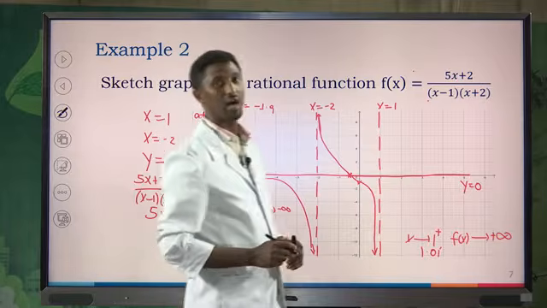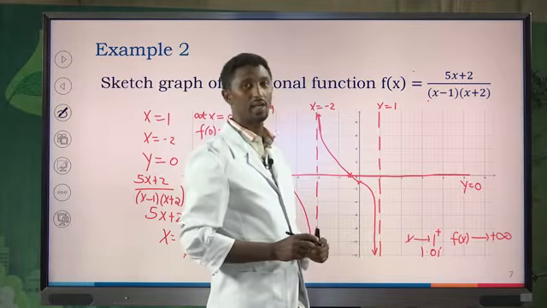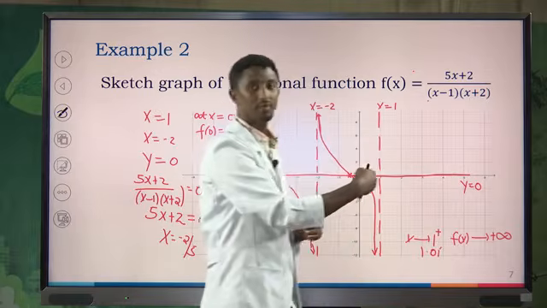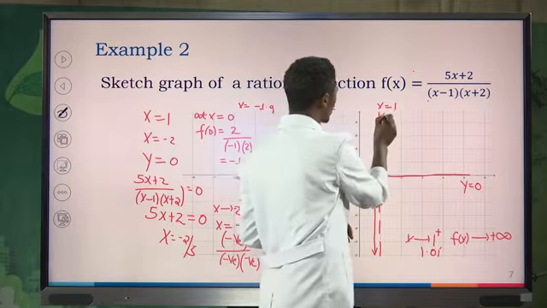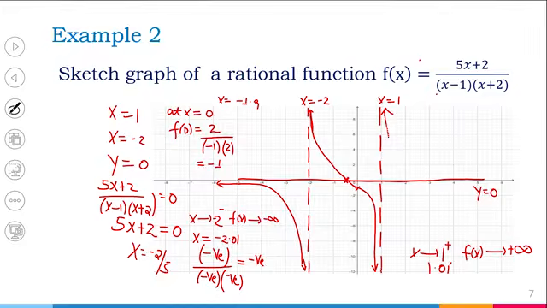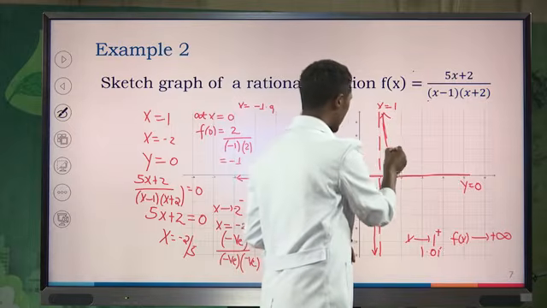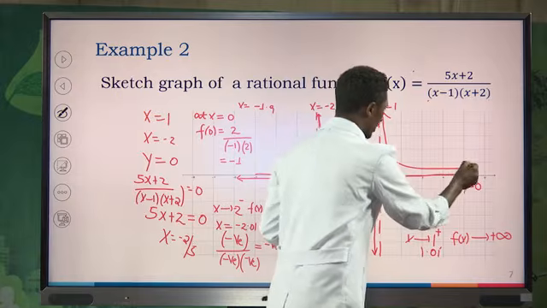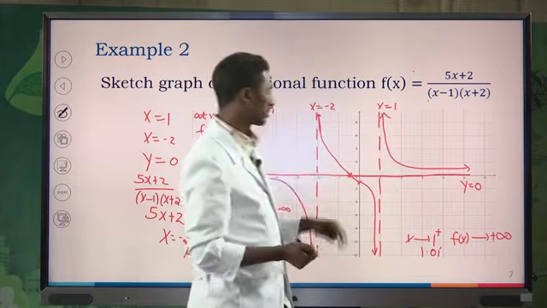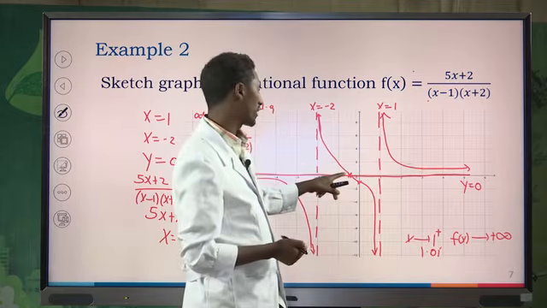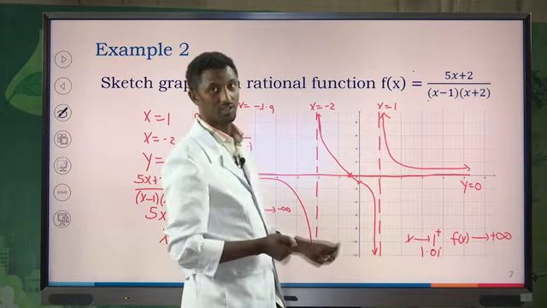So the end of the graph of this rational function will go upward as x gets closer to 1 from the right. So put the end of the graph here, then it will go in this direction, because it will not cross the horizontal asymptote, as we already know. The graph intersects at this point.